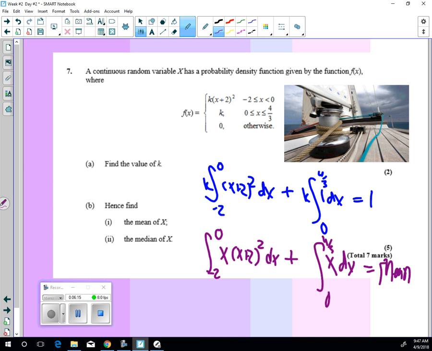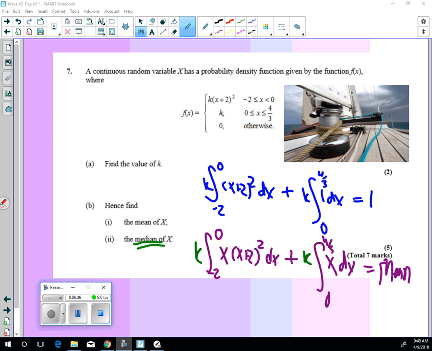It's horrible, but that's what you're going to do. And you still have to know what k is. Remember doing that? Does that sound familiar? Anybody unfamiliar with that? And then for the median, I'm going to let you see if you can figure that one out.